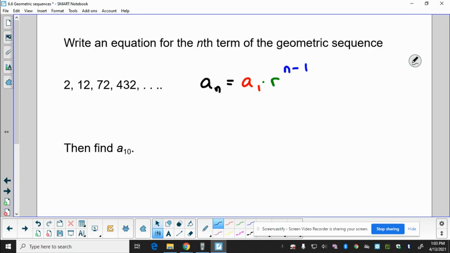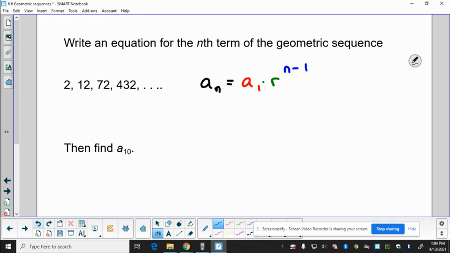Now what I notice here is that a sub 10 right here, that's this, okay? So we want to figure out the 10th term. And one other thing we need to denote is that this 10 right here, that's n. Okay, so that's going to be important. Okay, so let's remember those things.